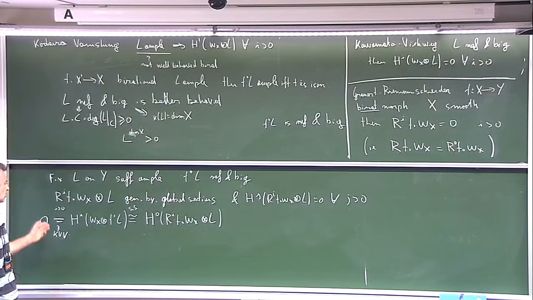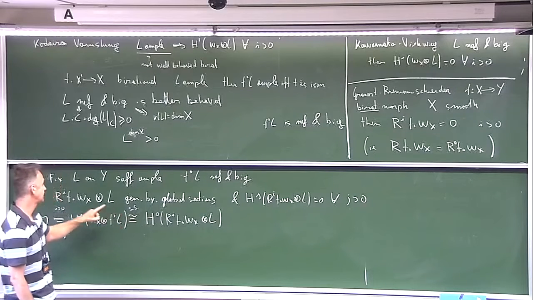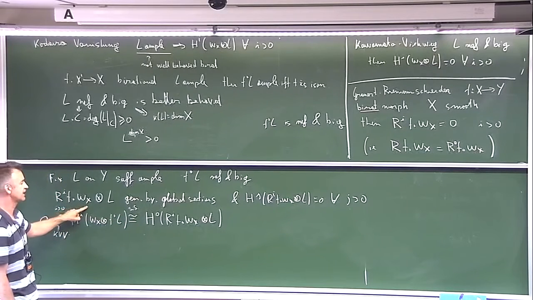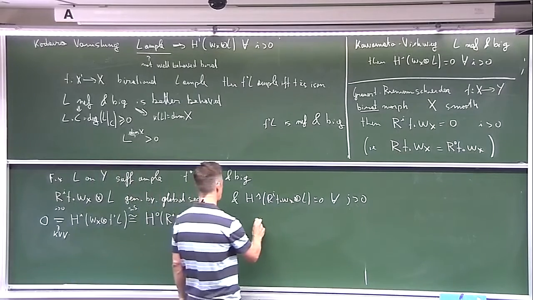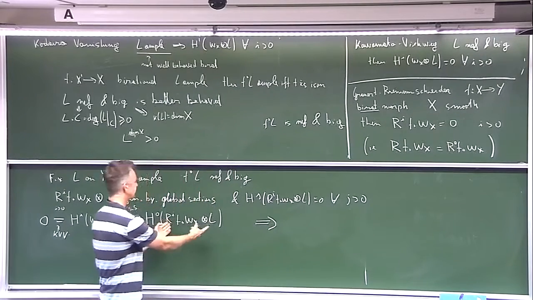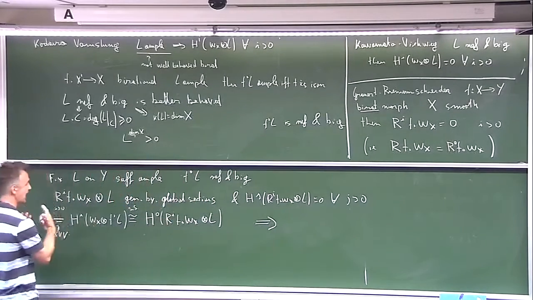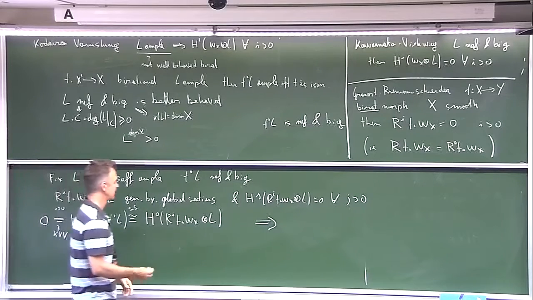Okay, so these vanish, but I notice that these are generated by global sections. So this tells me that if something which is generated by global sections has no sections, then it must be the zero sheaf.